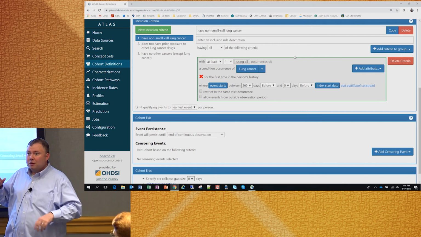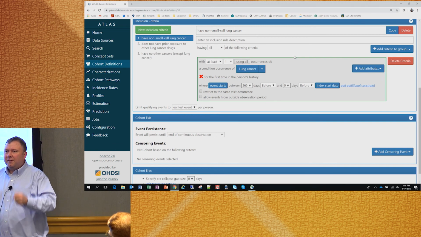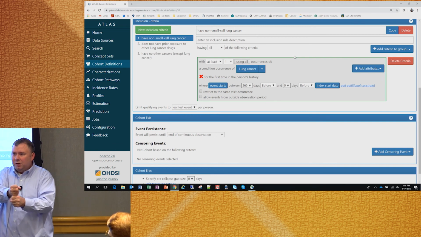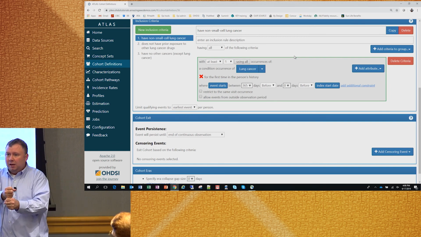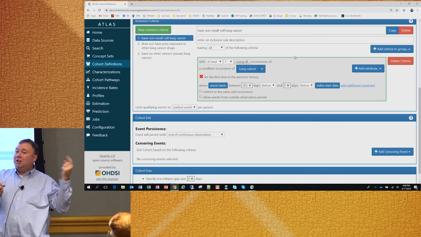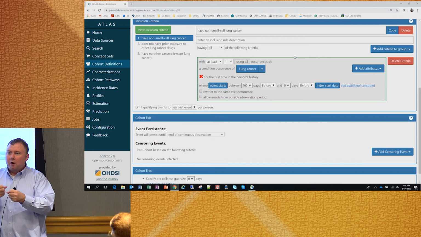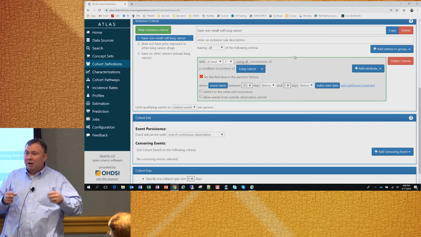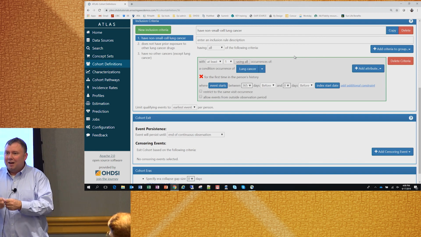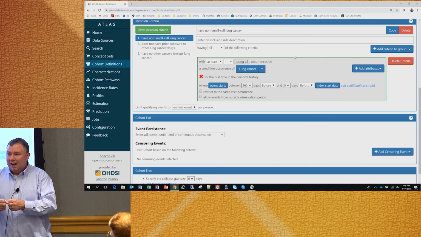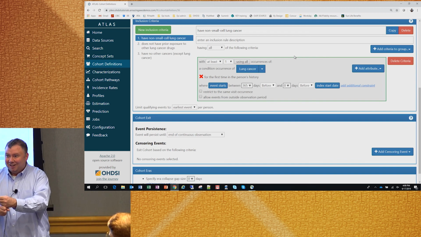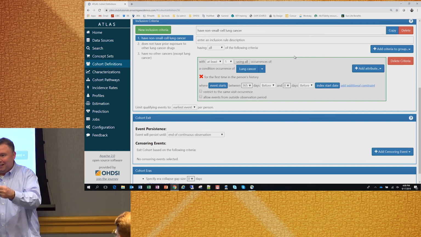So for example, in this case, if I saw the lung cancer and the treatment of Nivo on the exact same day, because we have prior knowledge, we'd probably say they got the Nivo because of the lung cancer. However, if you didn't have that prior knowledge, for all you know, they got exposed to Nivo in the morning, and then in the afternoon they developed lung cancer. So maybe it was an adverse event of the drug.